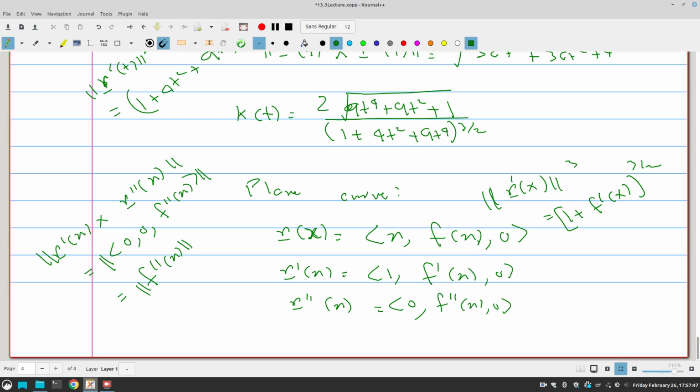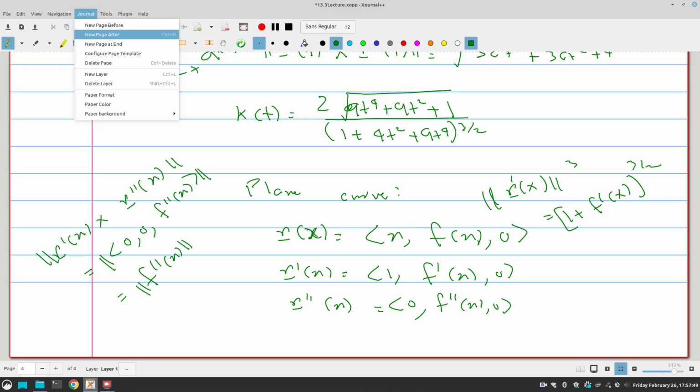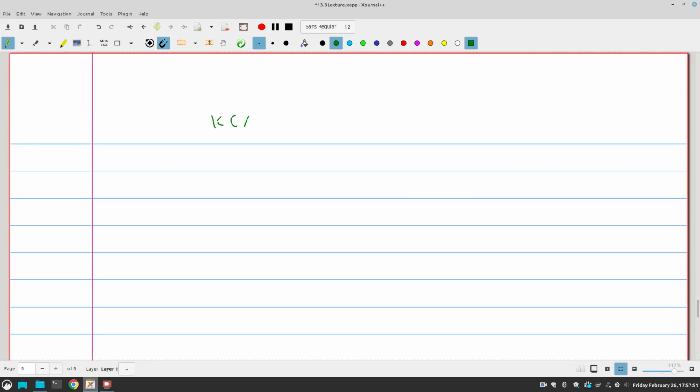So kappa for a plane curve, kappa of x, equals the magnitude of f double prime x divided by 1 plus f prime x squared, to the 3 over 2.